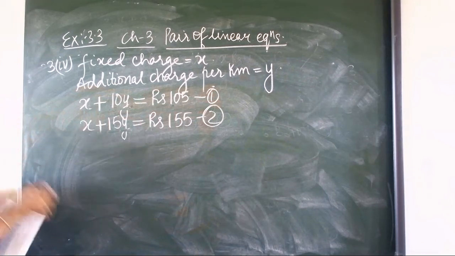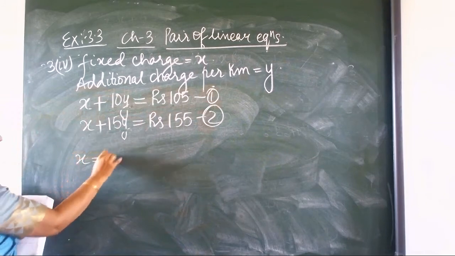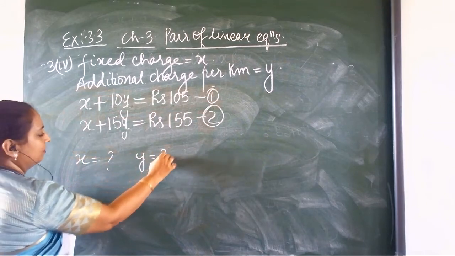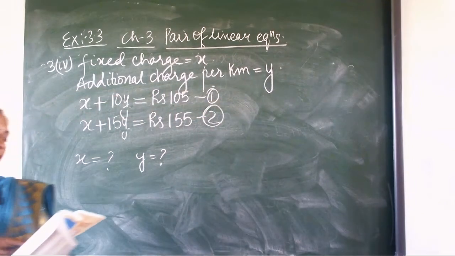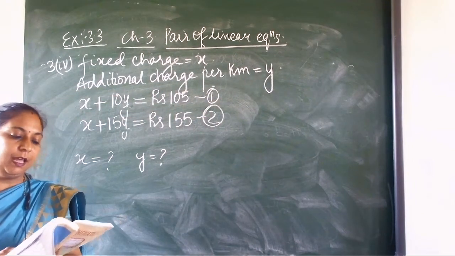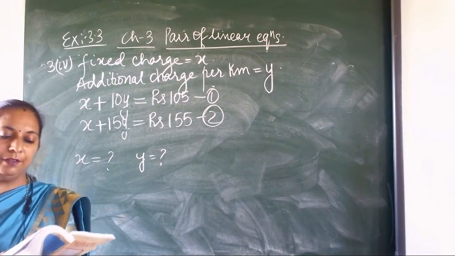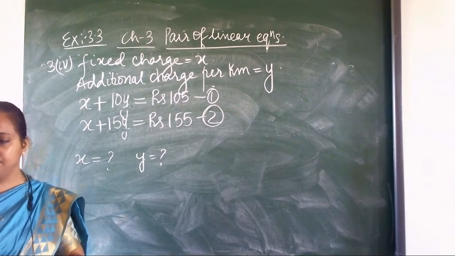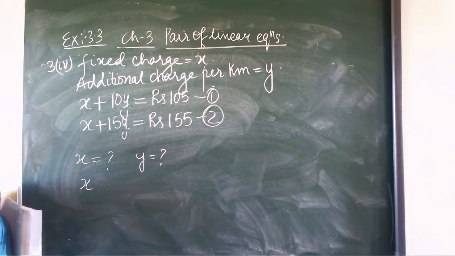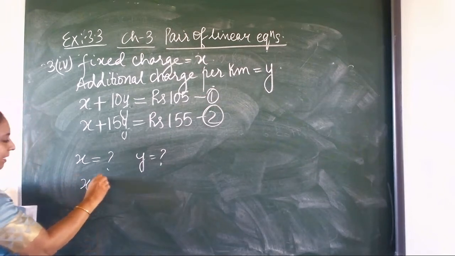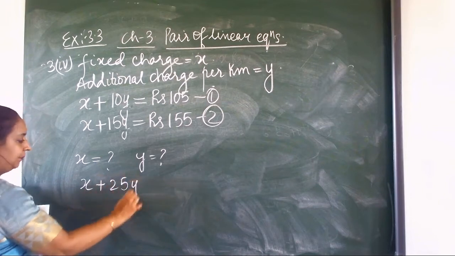After finding x and y, one more question is there in the question. How much does a person have to pay for traveling a distance of 25 kilometers? First, the charge paid for the 25 kilometers is x plus 25y.